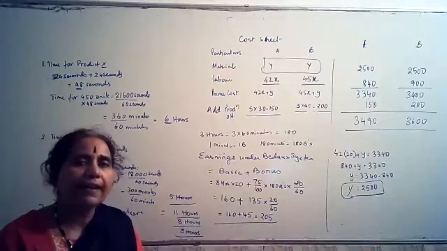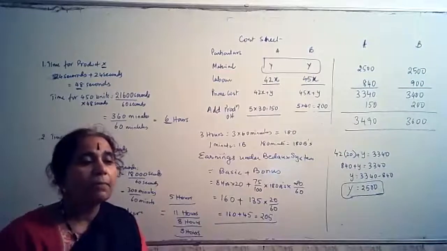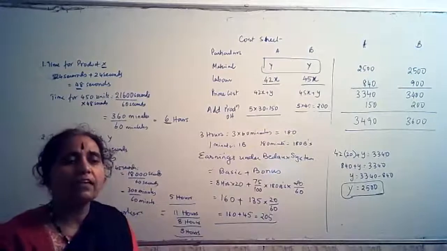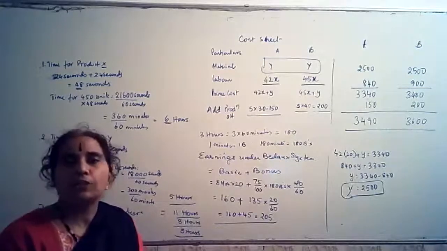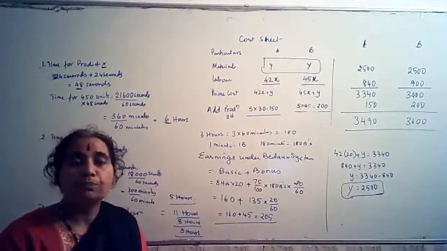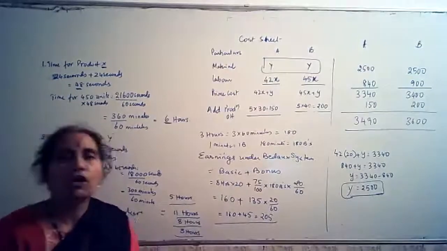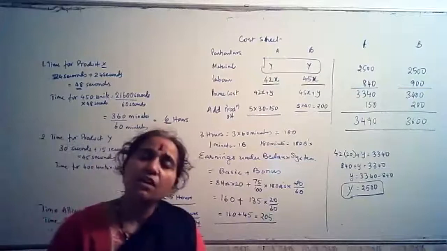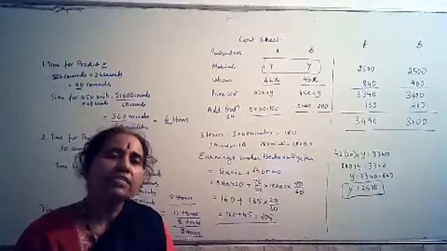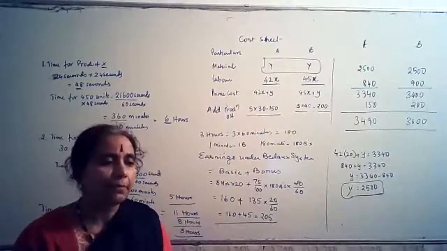Those are what we call normal idle time. There is some idle time which will be abnormal idle time, wherein for some reason there is a machinery breakdown, power failure, no material, a fight, a strike or a lockout. For various reasons you may not actually manufacture. In such a case it is called abnormal idle time.